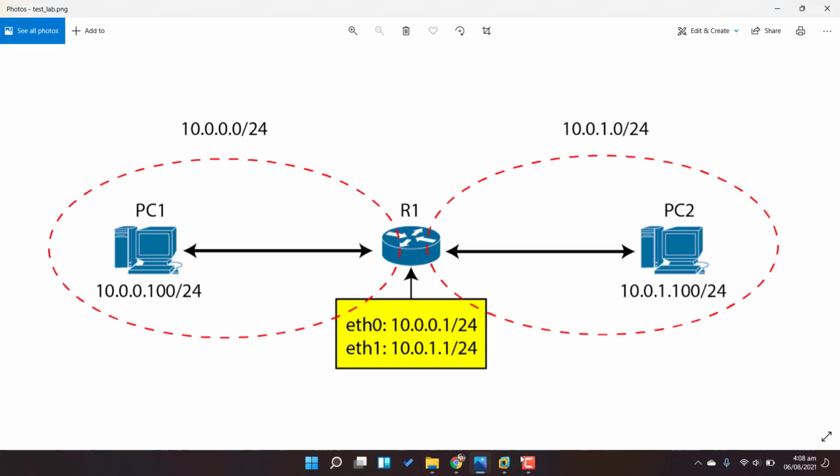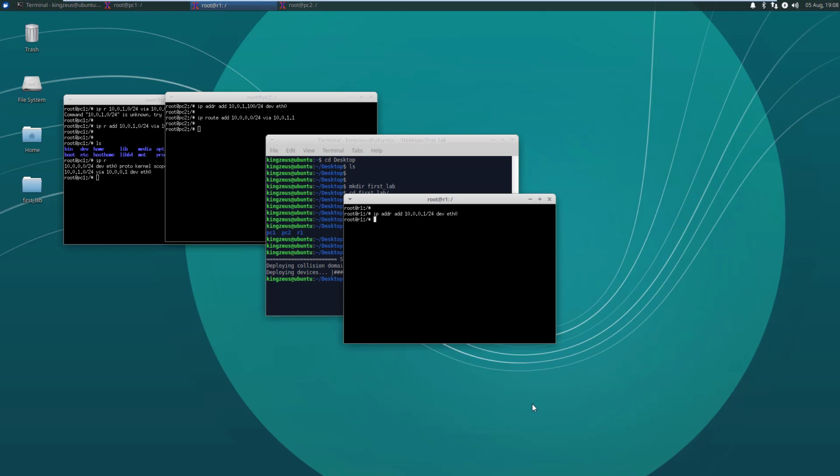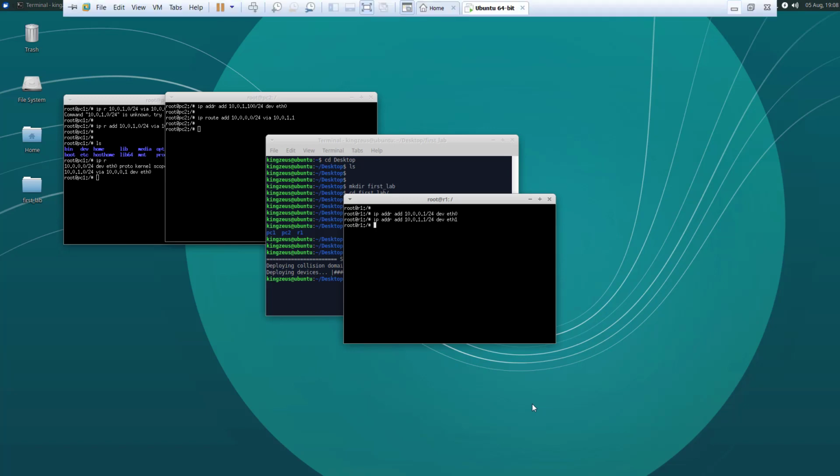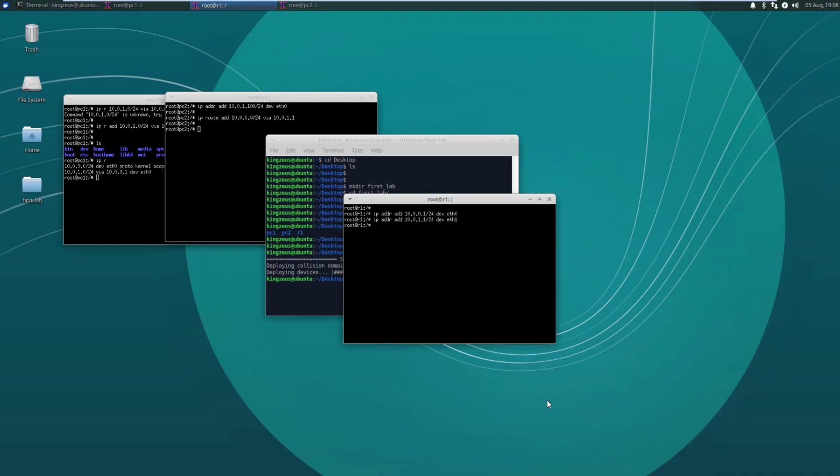Yep, and then 10.0.1.1/24. Was it the same? Let me verify. Yep, it is. So perfect. Now let's see if things work or not.